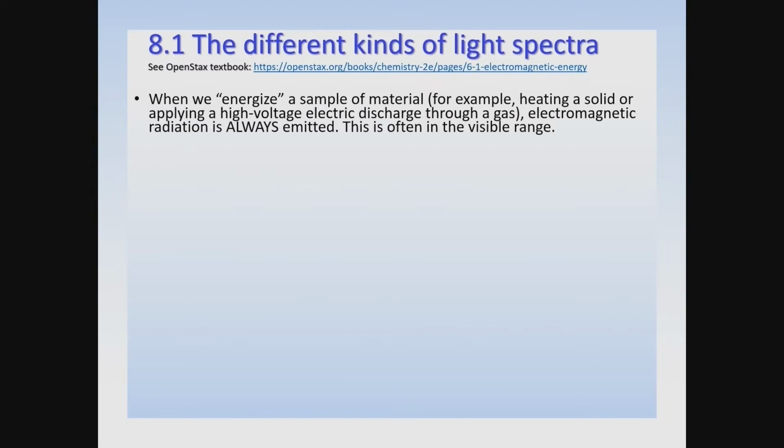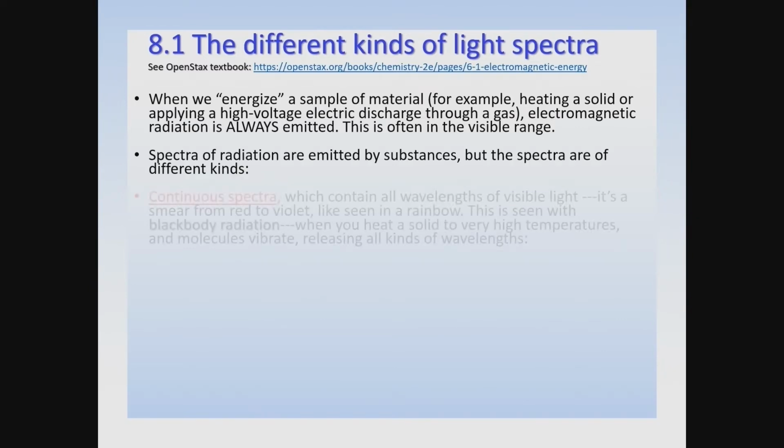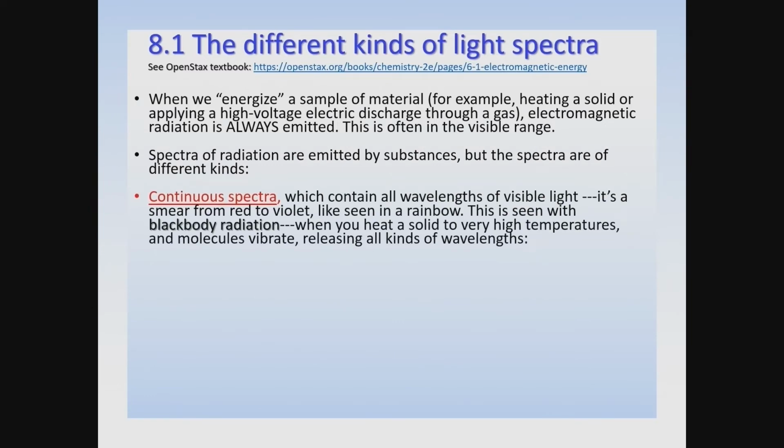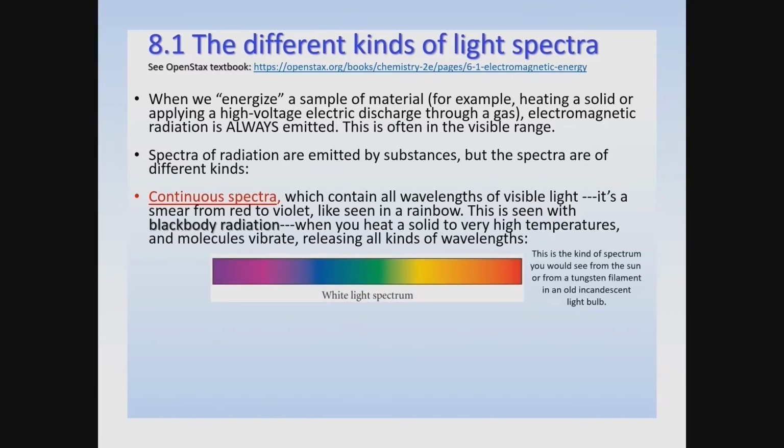A lot of times this radiation will be released in the visible range that you can see. So there are kinds of spectra that you can get from these objects. One particular kind of spectra you get when matter is hot enough that it glows and is producing blackbody radiation is a continuous smear of color when you're looking at the visible regions.